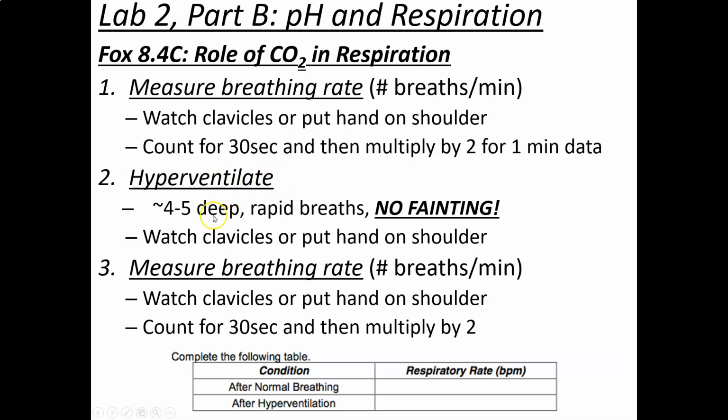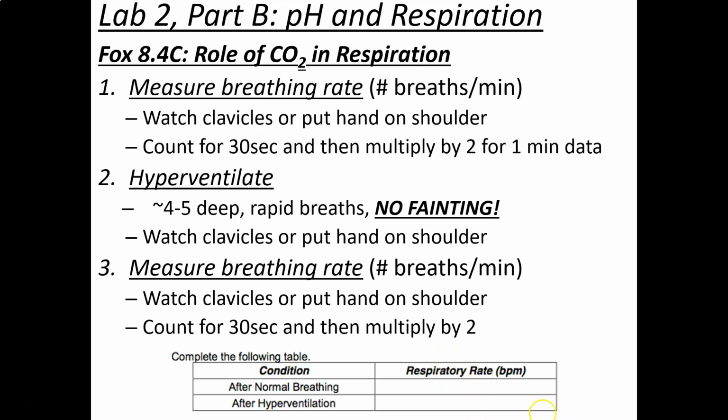So once you're done hyperventilating, you're going to measure the breathing rate again. And we're going to do the same thing we did before, count for 30 seconds and then multiply by 2. Now what's interesting about this part of the experiment is some groups, very few groups, go down.